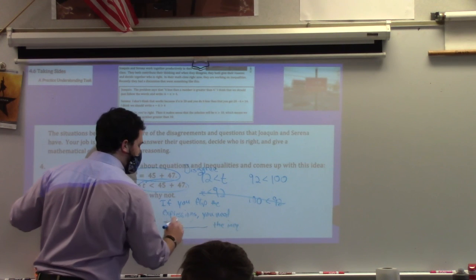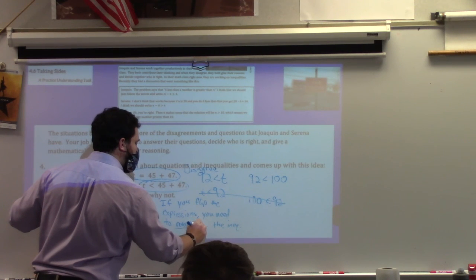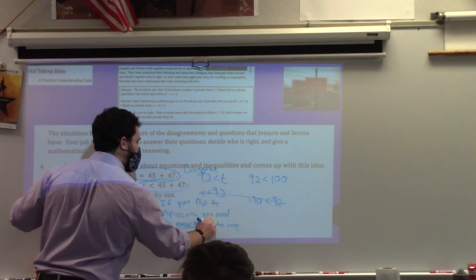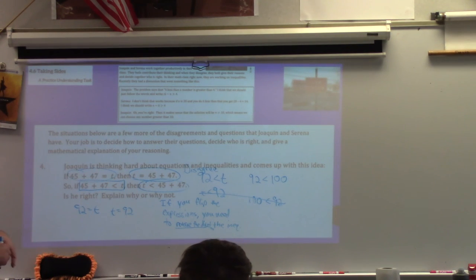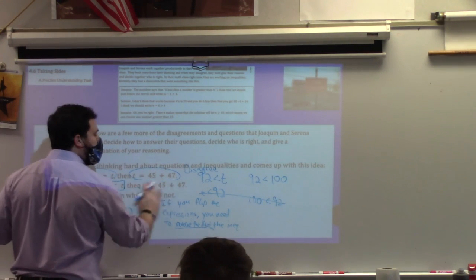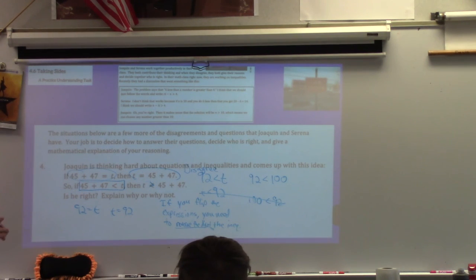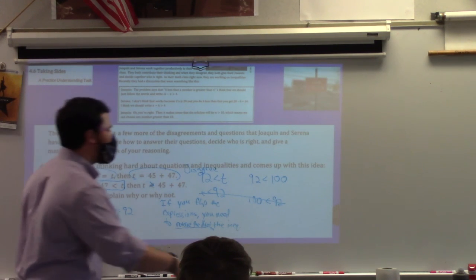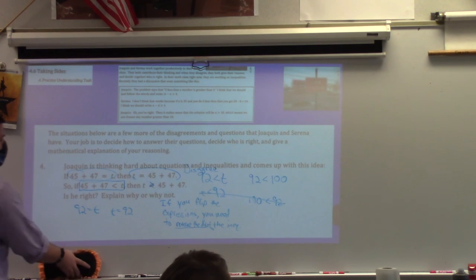The way we say that is reverse the direction. So if you flip those expressions, you need to reverse the direction of the inequality. It shouldn't be t is less than that, it should have been t is greater than. We go with that idea. Okay. So now we can all start off on number 5 together.